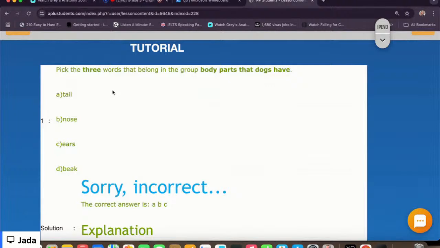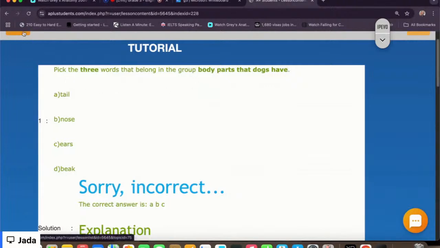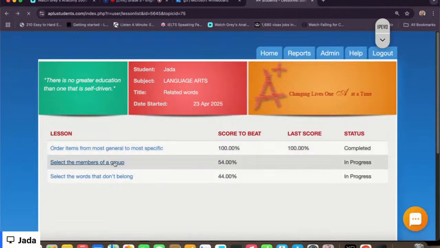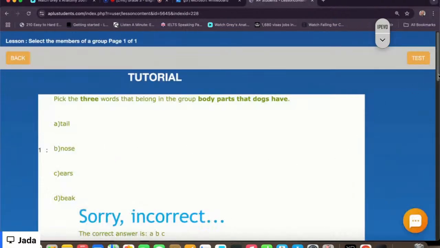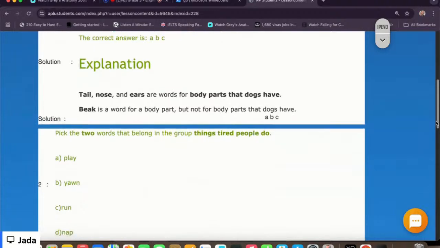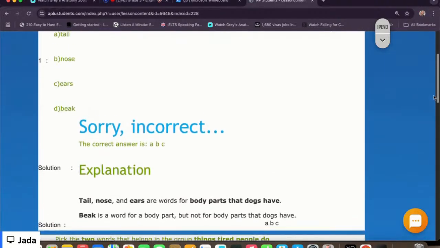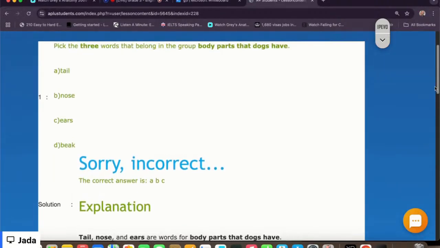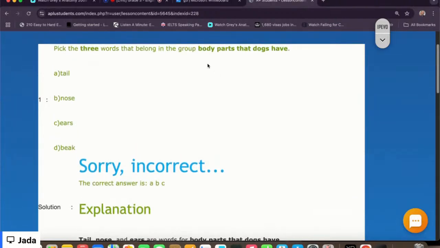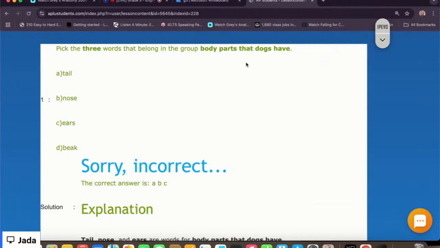Okay, so let's see. You have to pick three words that belong in the group body parts that dogs have.